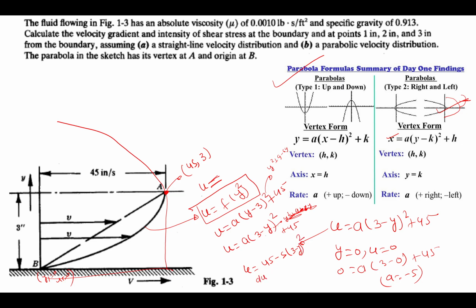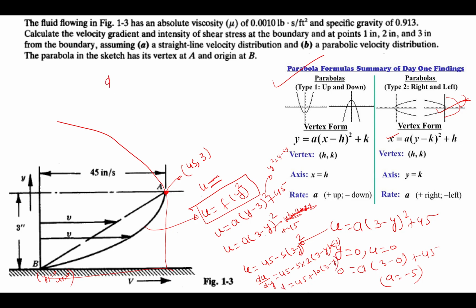When you calculate du by dy, it will come 0 minus 5 into 2(3 minus y) into minus 1. So finally it will come 10(3 minus y).